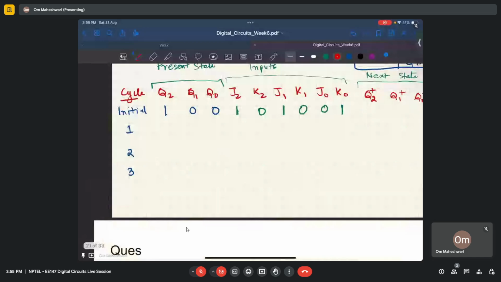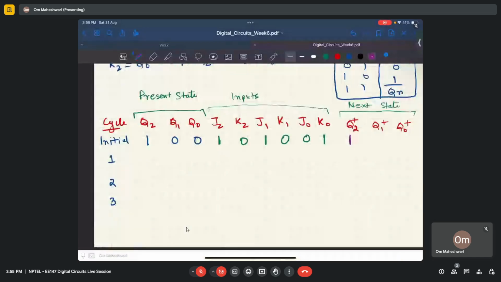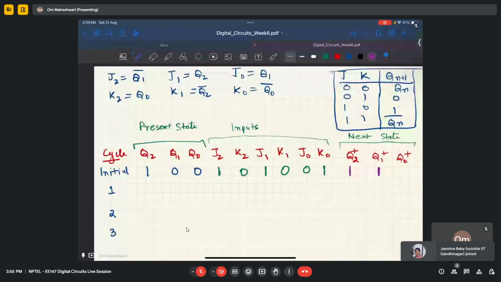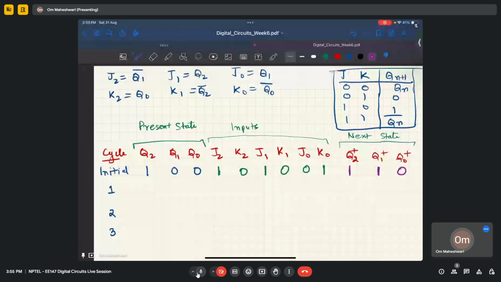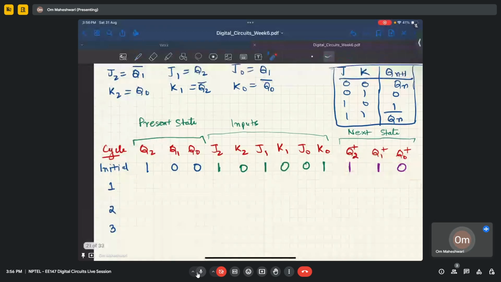When J1, K1 is 1, 0, it will again be 1. When J0, K0 will be 0, 1, it will be 0. So our next state is 1, 1, 0. So I will write 1, 1, 0 here.